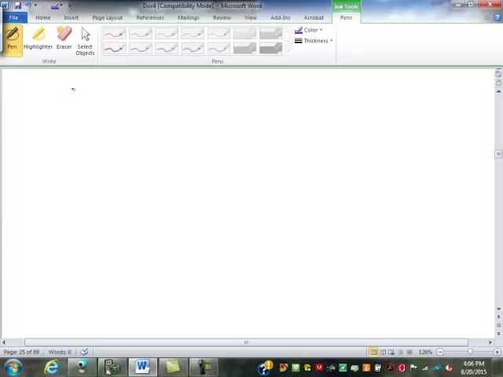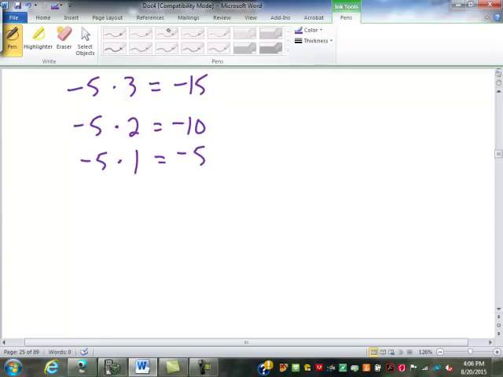For example, we said that negative 5 times 3 is negative 15. So let's keep going with that. If we keep the negative 5 and let's multiply by 2, what do we get? Negative 10. Negative 5 times 1, negative 5. Now let's see if we can find a pattern here. So let's erase that and try again.